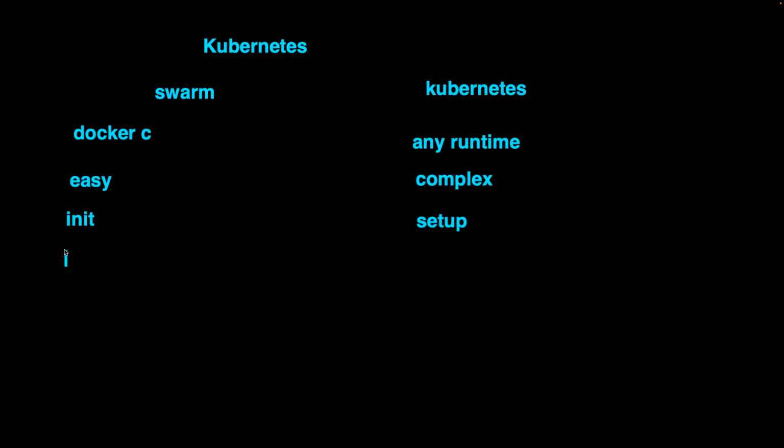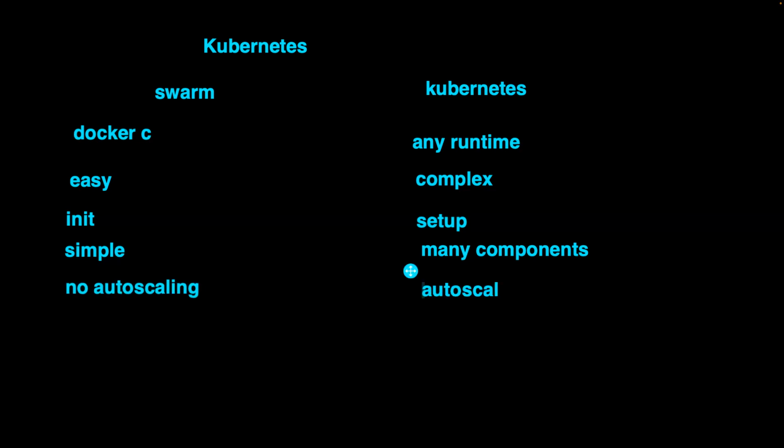And architecture: Swarm has a very simple architecture, whereas Kubernetes architecture has so many moving components, many components to understand. What else? In Swarm, you don't have auto scaling. You have to have additional scripting. In Kubernetes, you also need to configure it, but auto scaling is possible.